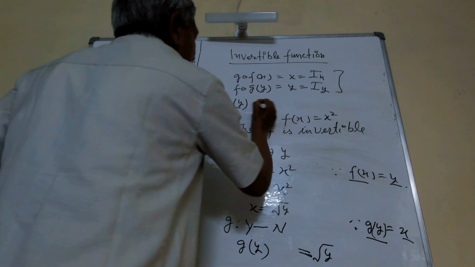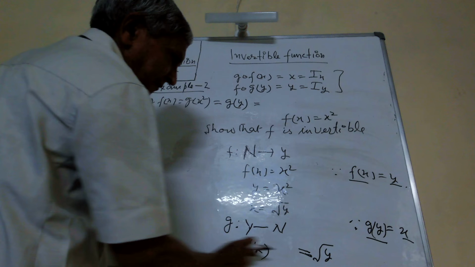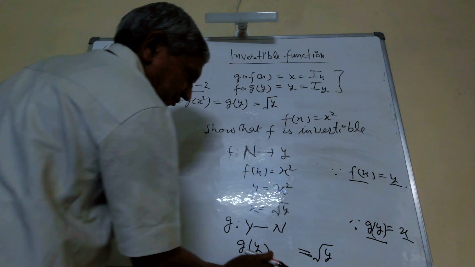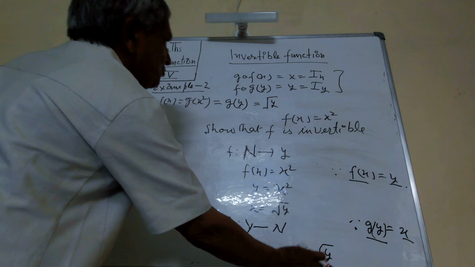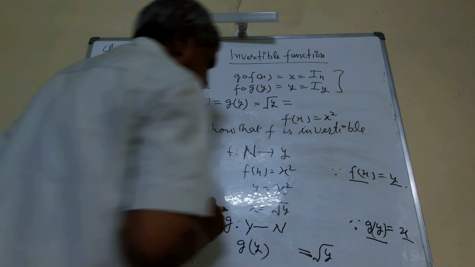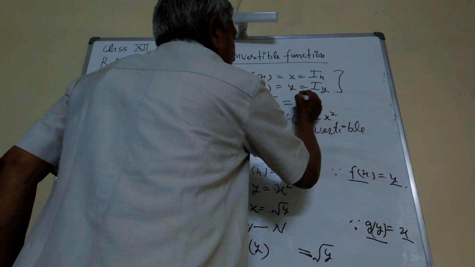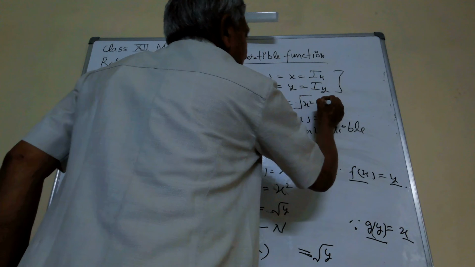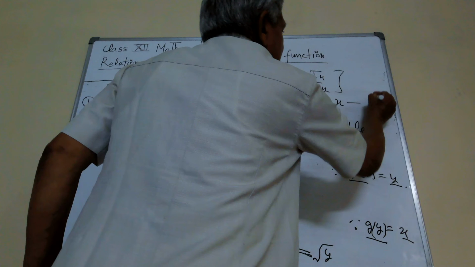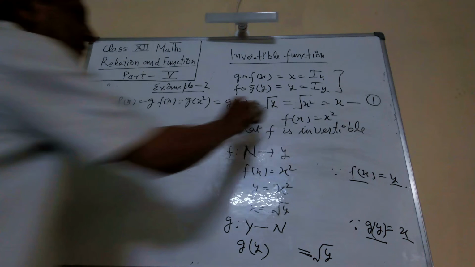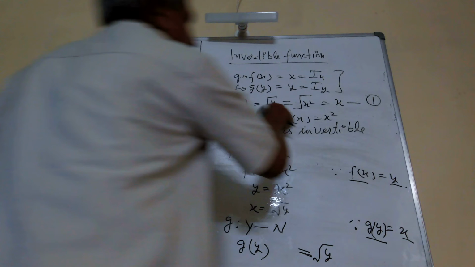And what is the value of g y? g y is equal to root y. From this, g y is equal to root y. And what is the value of y? y is equal to x square. Root x square is equal to x. This is the first condition proved.